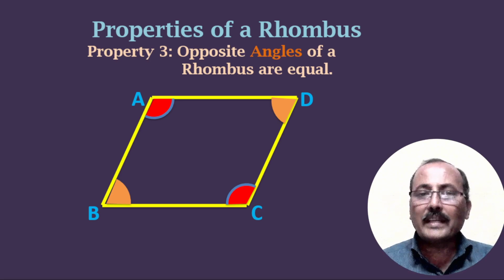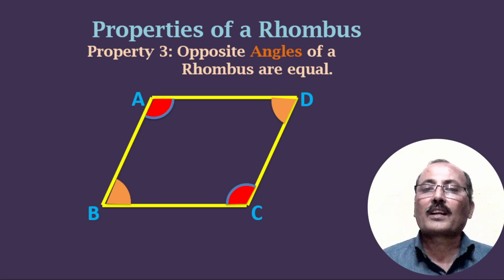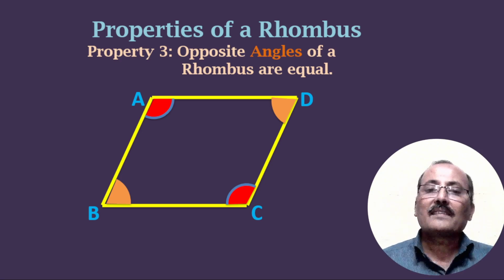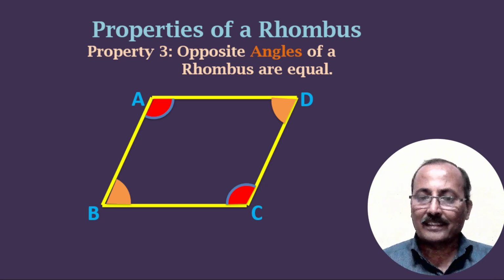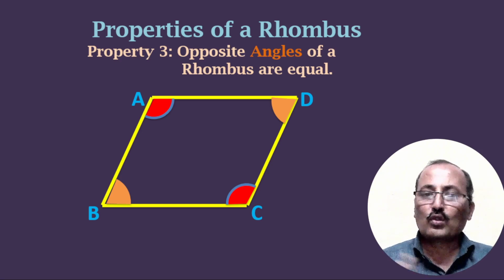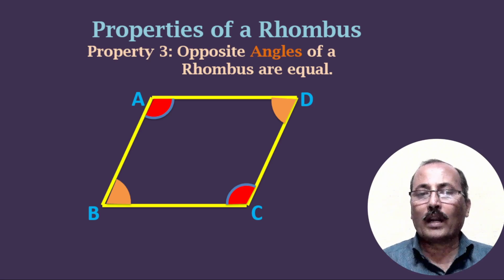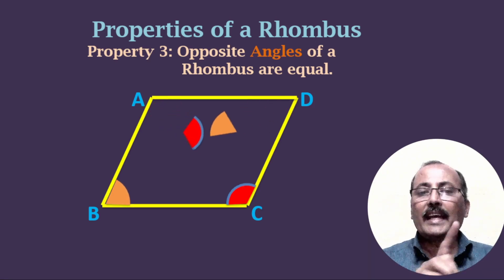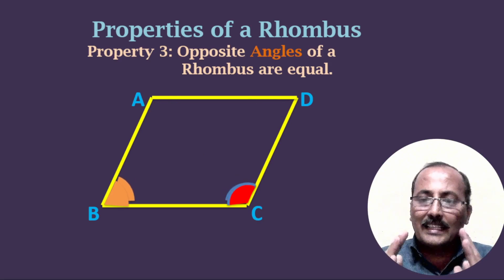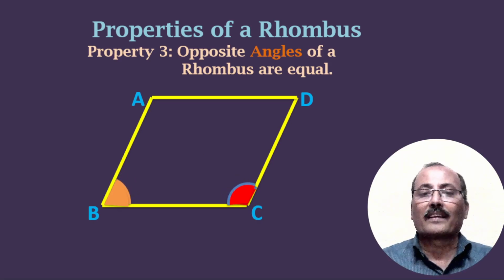Next, property number 3 is opposite angles of a rhombus are equal. Here, what are the opposite angles? Angle A and angle C in red color, angle B and angle D in orange color. Those two pairs are equal. Now, look at these angles. A comes to C and D comes to B and exactly fits one over another.